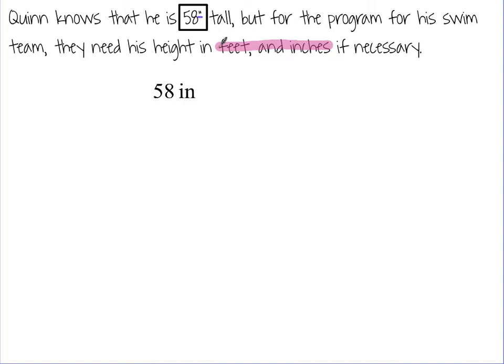So I'm going from inches to feet. I'm taking that 58 inches and multiplying by my rate of 1 foot equaling 12 inches. Since I want to get to feet, my feet are on top and my inches are on bottom. If I'm more comfortable setting up the rate, which is absolutely fine, this is what it would look like. If I'm comfortable going straight to division, I could just say 58 over 12, because you multiply straight across.